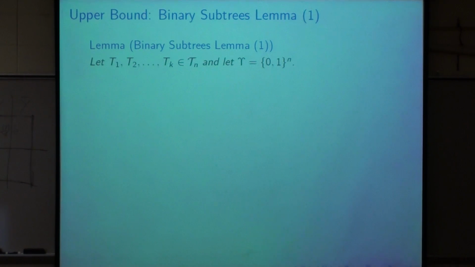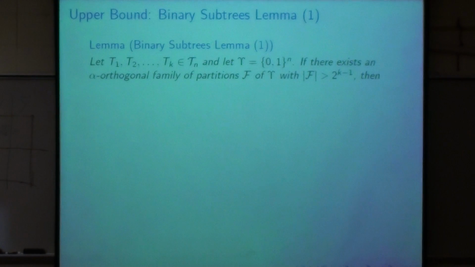That's going to be the idea. And we're going to be able to do this as long as we can find a large enough alpha orthogonal family of partitions. What does large enough mean? Large enough means it's with respect to how many ternary trees we're given. So you're given k ternary trees.